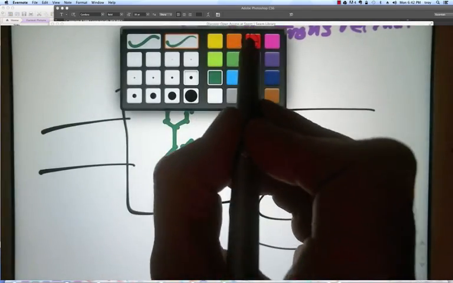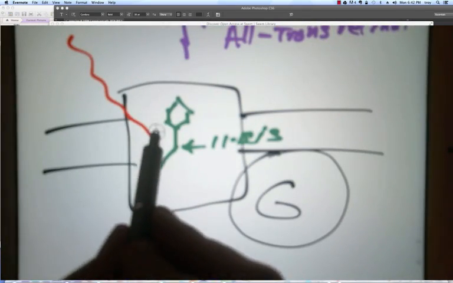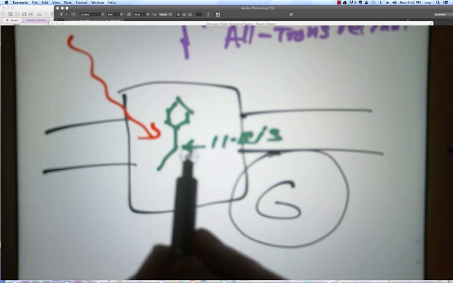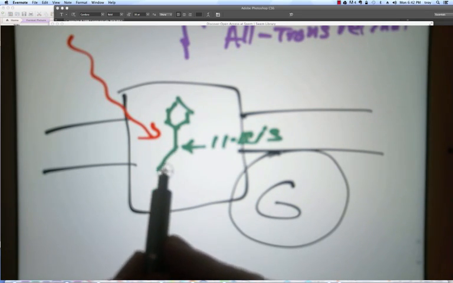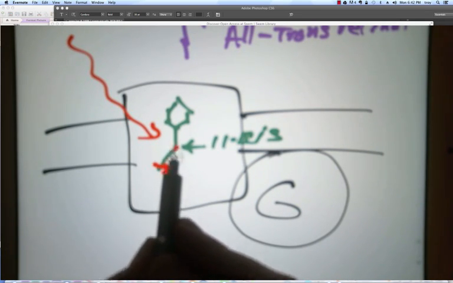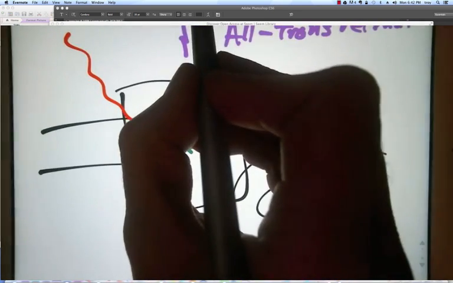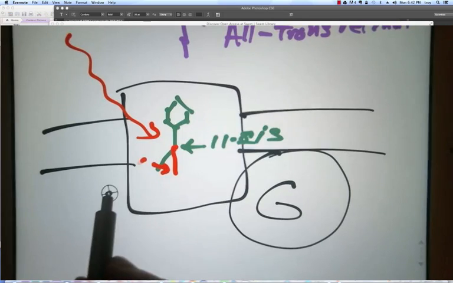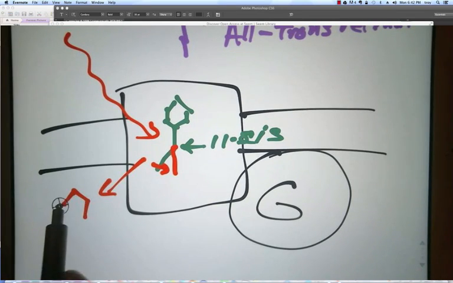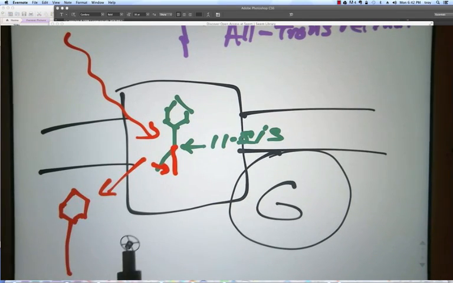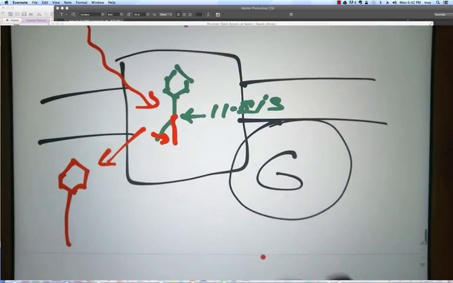But if a photon comes in and hits that bond, then that can make the retinal straighten out, and then our retinal pops free. It no longer fits in that G protein coupled receptor.